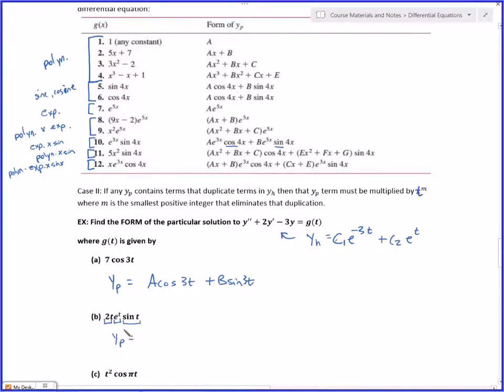What degree is your polynomial? First degree, so it's linear. So you need a linear times an exponential times a sine plus a linear times an exponential times a cosine.